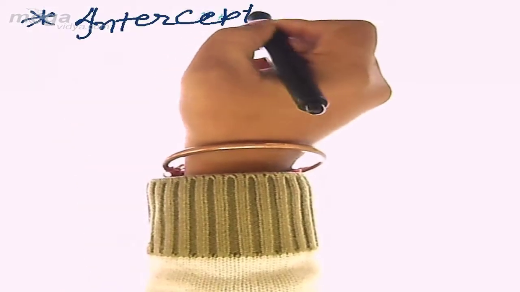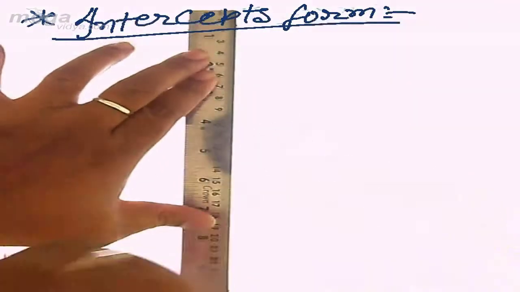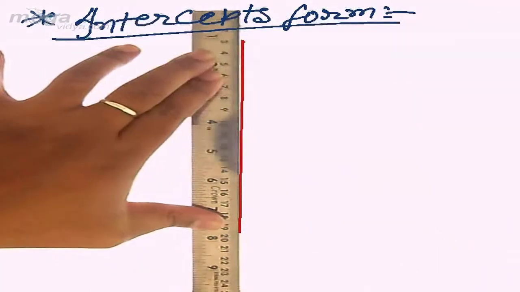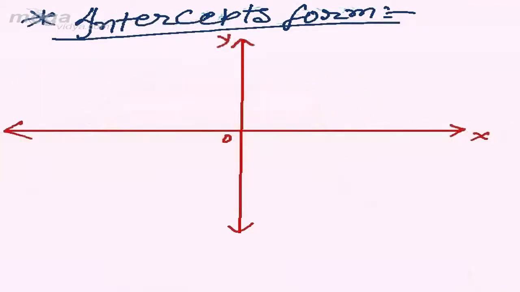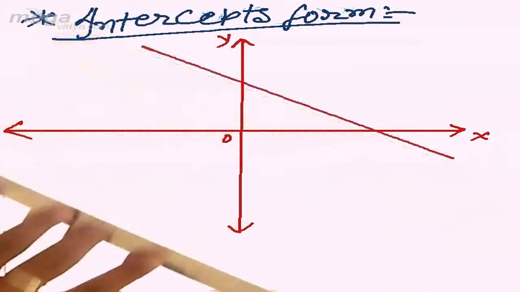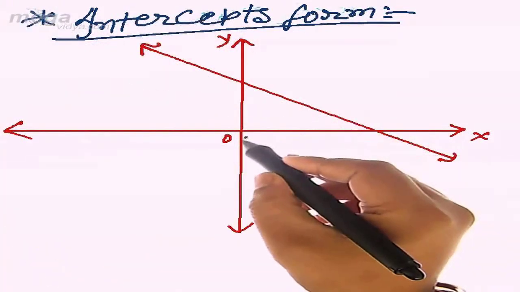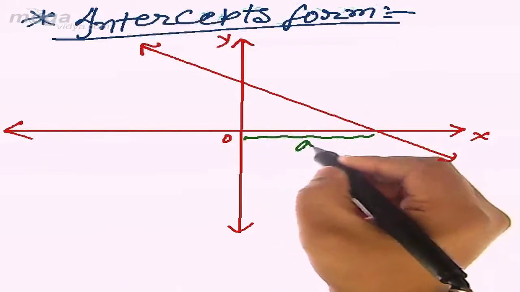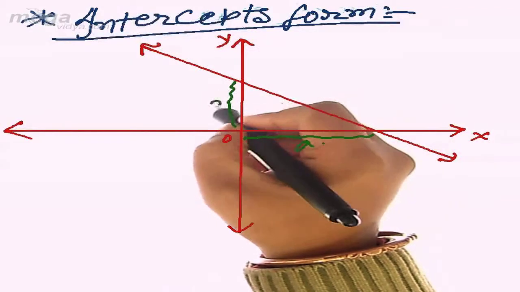Now the next form is the intercepts form. In this one, a line cuts intercepts on the x-axis as well as on the y-axis, like this. This is the straight line which cuts an intercept a on the x-axis and an intercept b on the y-axis.